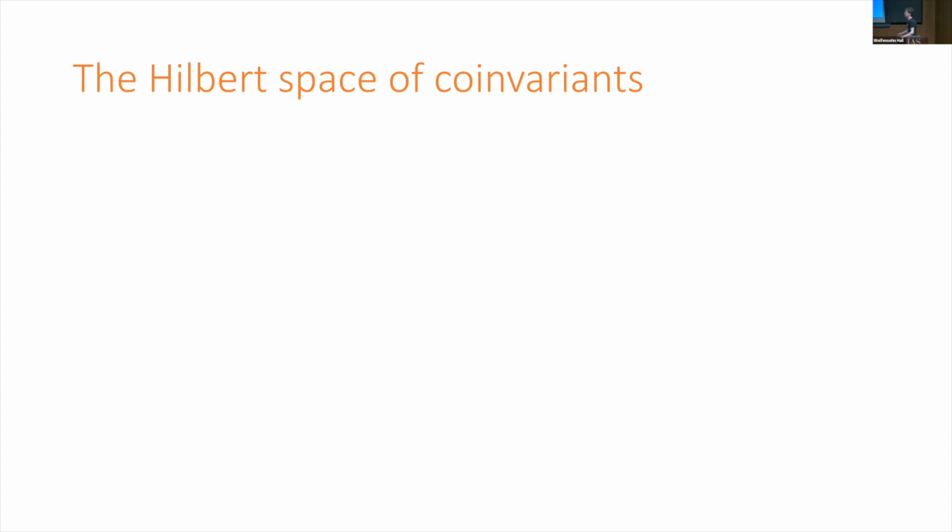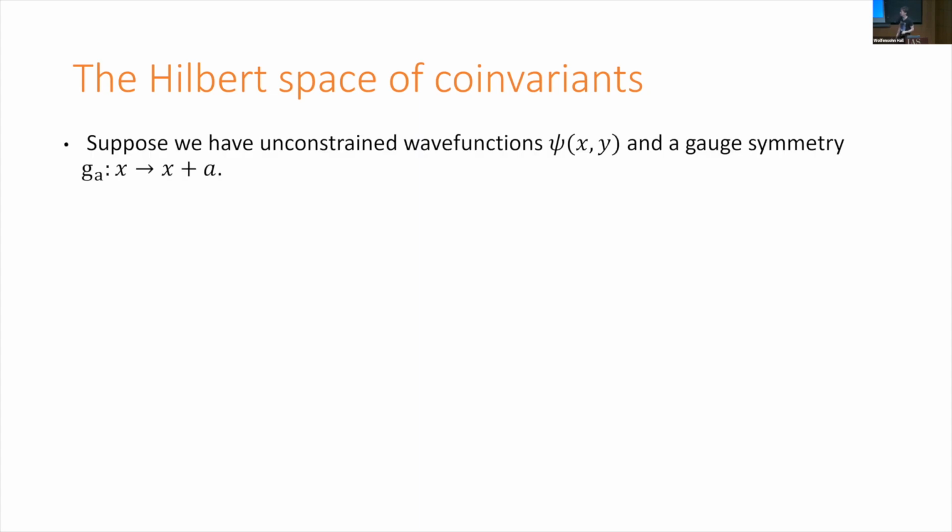Okay, so let me give a simpler example of a theory that has the same problem. Suppose we have a Hilbert space L2 of R2, with two coordinates x and y, and a gauge symmetry that's translations in the x direction. We want to quotient out by that gauge symmetry. Spiritually, that should leave us with just wave functions on y, right?